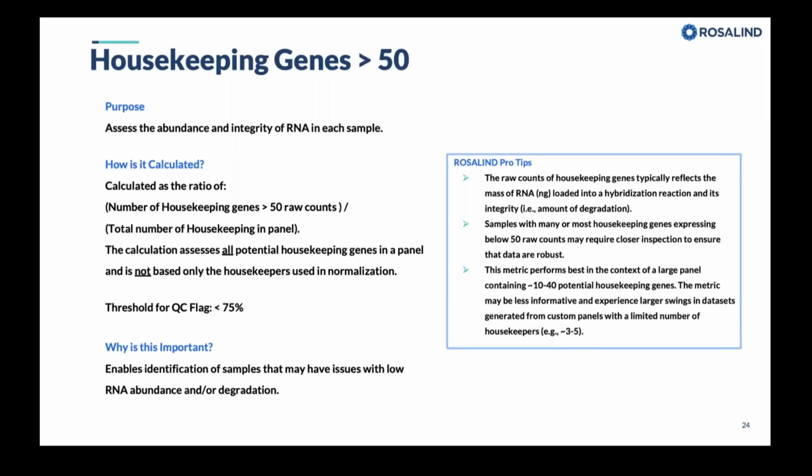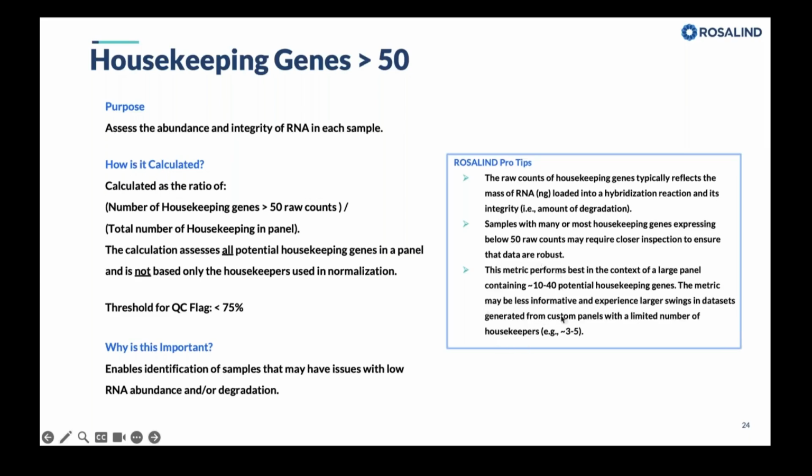I've seen in smaller custom panels, where you might have 3 or 5 potential housekeepers, that this metric is a little more variable and less predictable. Looking at the equation on the left-hand side, the denominator, the total number of housekeepers in the panel, is so much smaller that if you change just one housekeeping gene above or below 50, it has a large percentage effect on the metric.